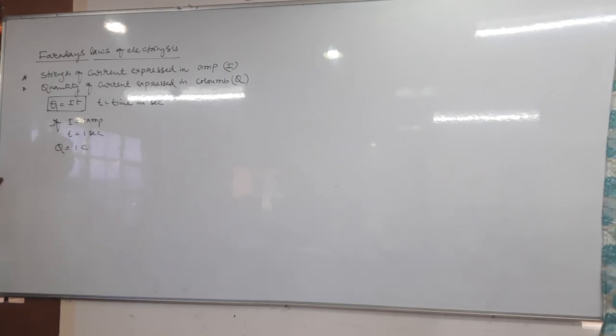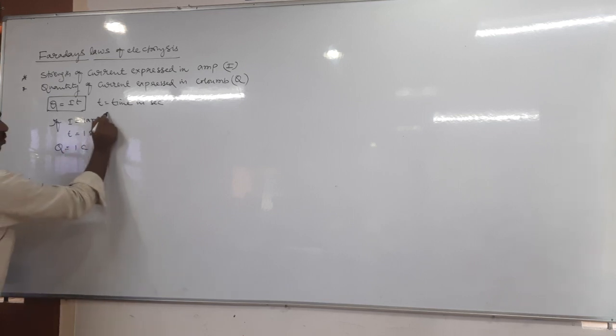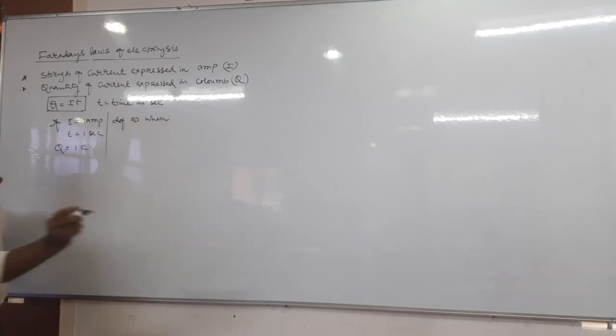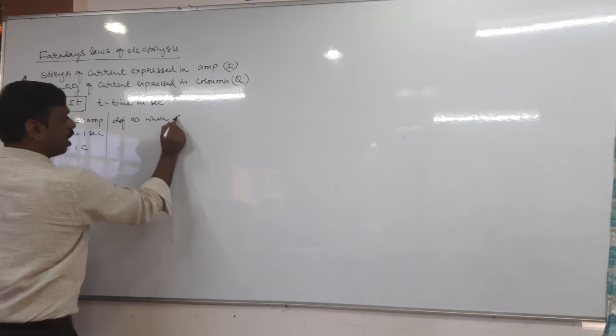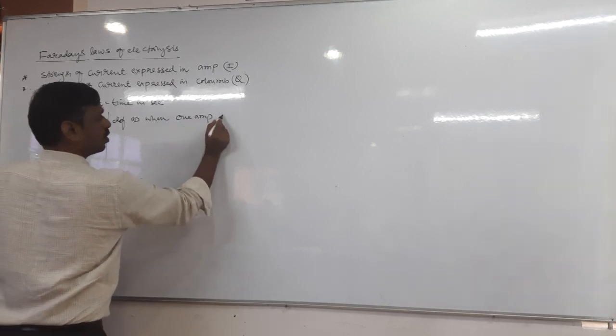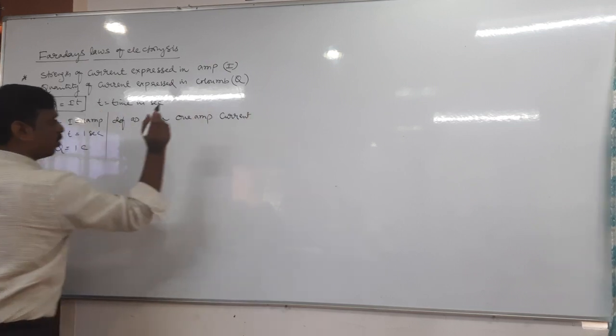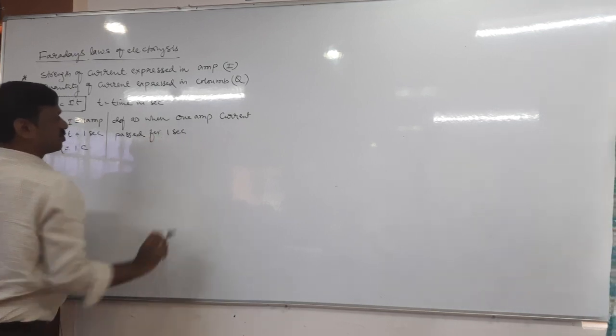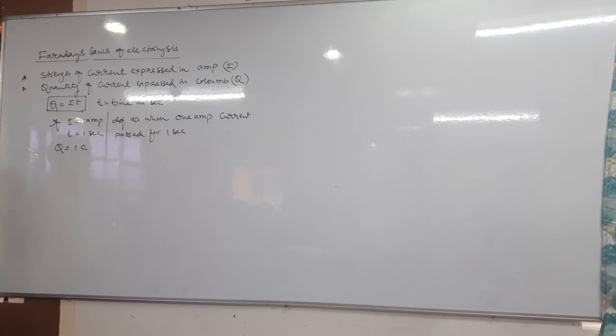So coulomb is defined as when 1 ampere current is passed for 1 second.